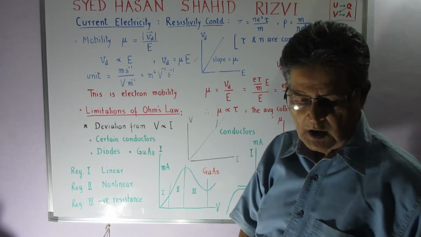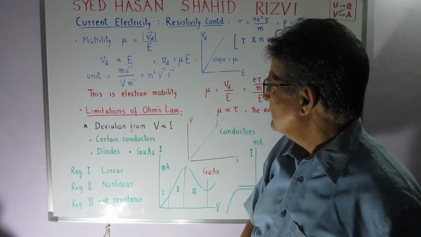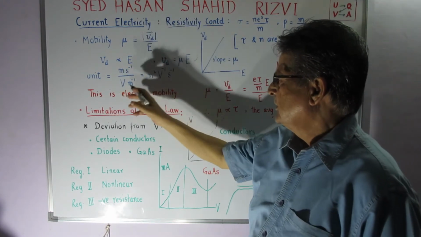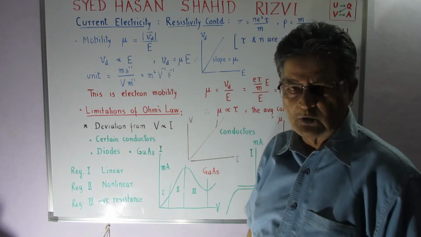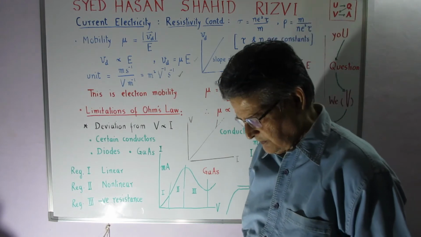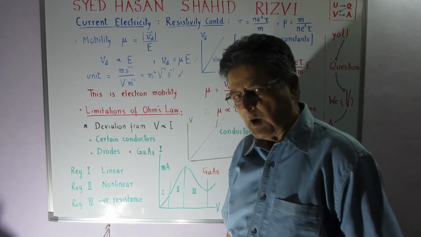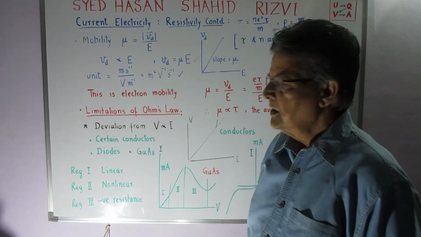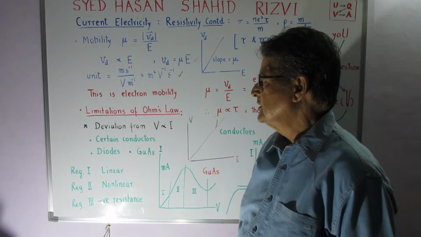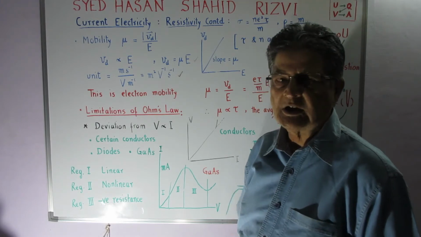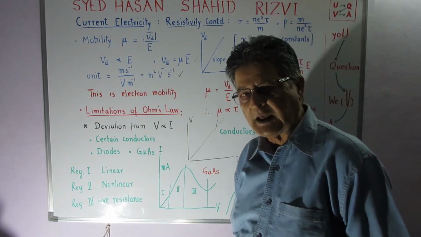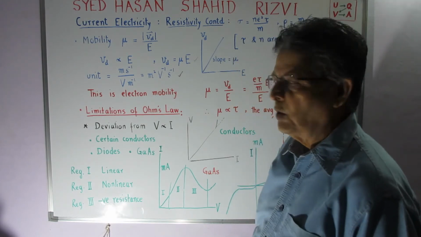Okay. So we have this, and we can work out the unit. Velocity is meter per second divided by E, which is volt per meter. This is the electron mobility. Why do I say electron mobility? Because there is another kind of charge carriers in the case of semiconductors, and we give them the name hole.